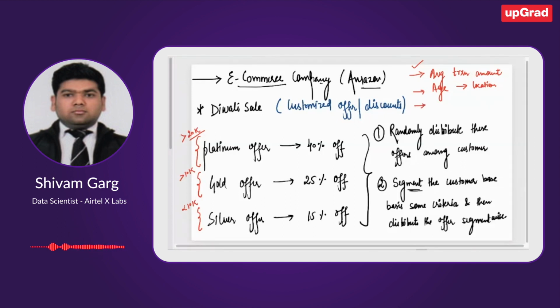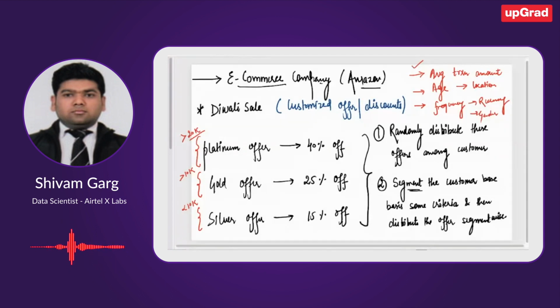And it could even be frequency of purchase, not only the amount but the frequency, as well as the recency, how recently he purchased, and so on. There could be a number of attributes. Don't you think the more attributes we use, the better the segments we will be able to create? Gender could also be one criteria.